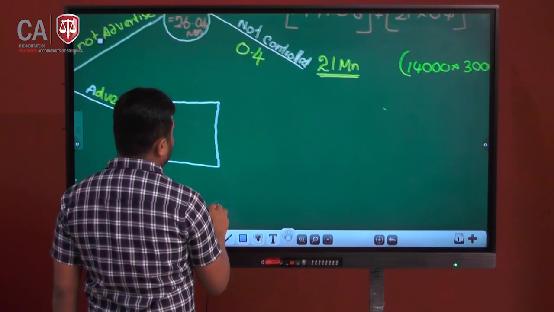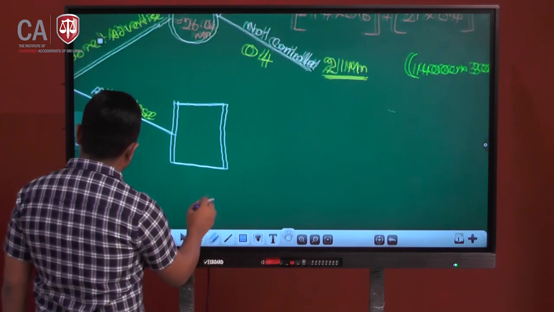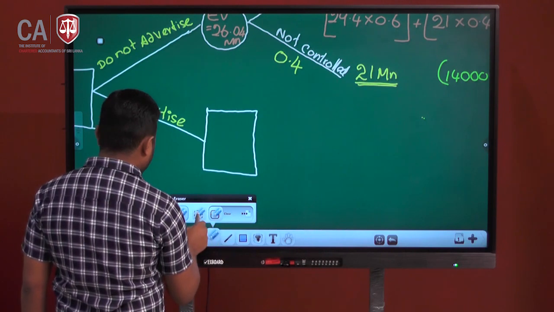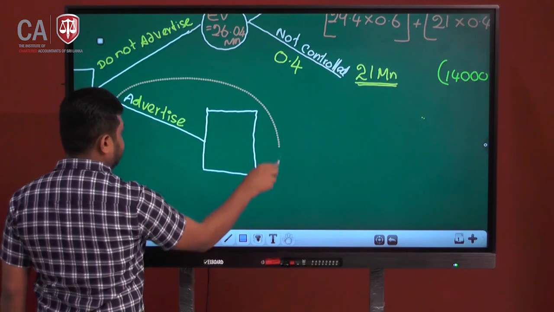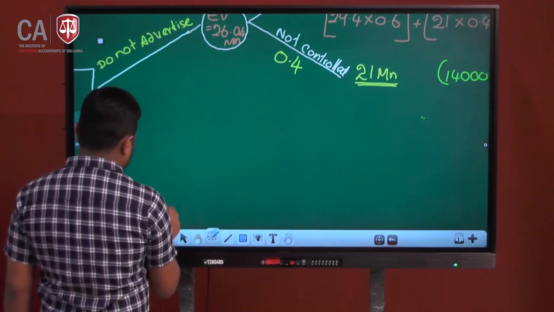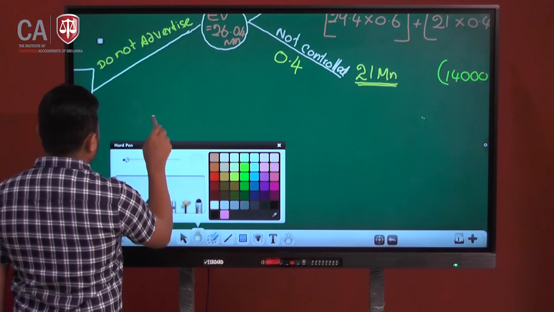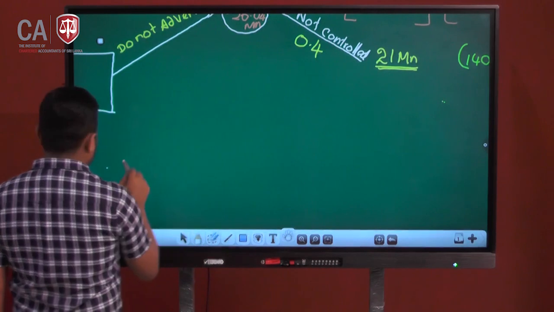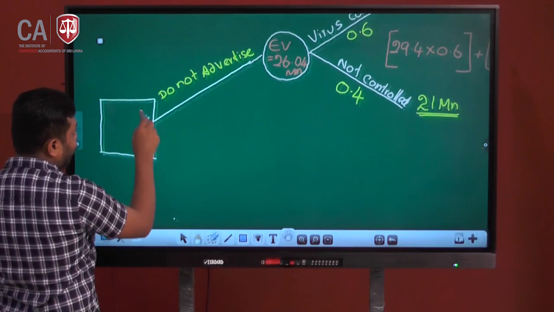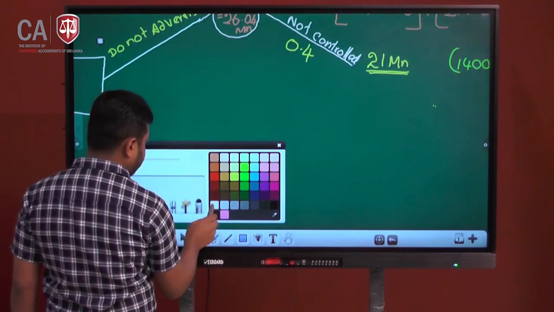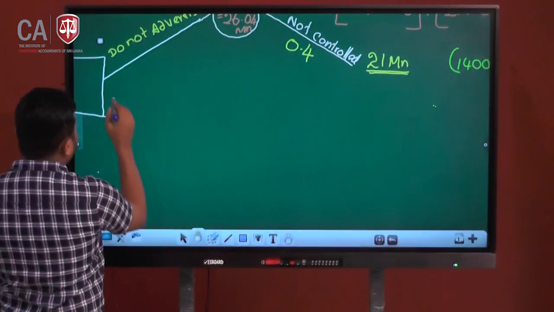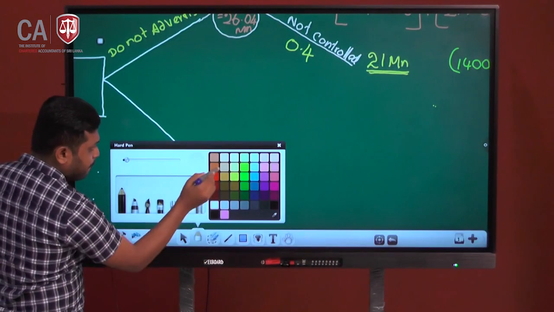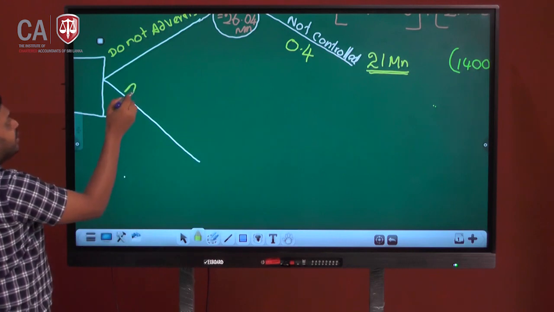When you have to decide whether you are going to advertise or not, I will write it down like this: advertise.